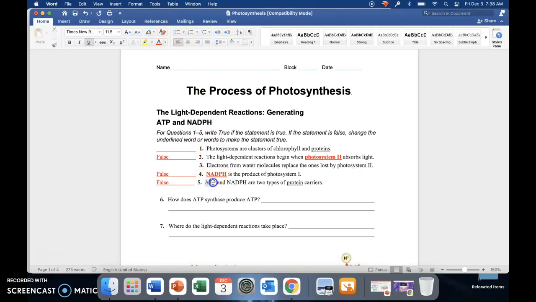So what these two things are, are not protein carriers. What they carry is energy. These are short-term energy carriers which are going to be used later on during the Calvin cycle to produce the glucose.